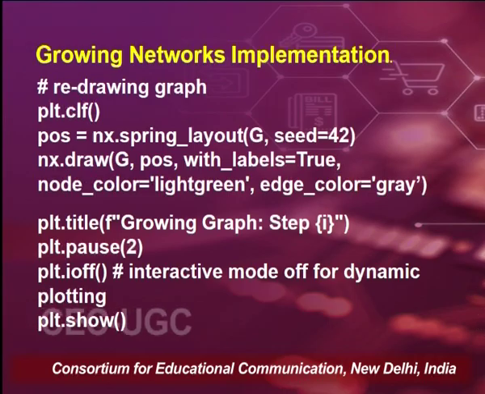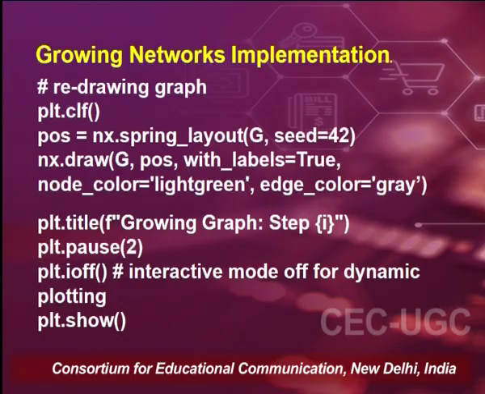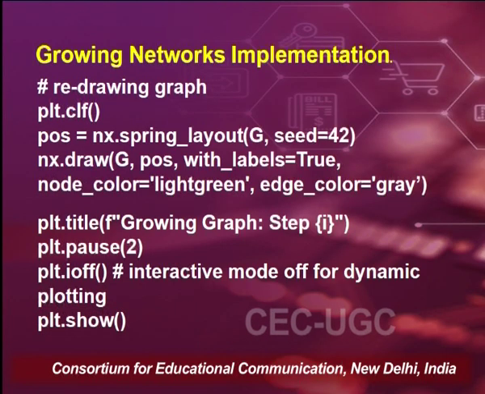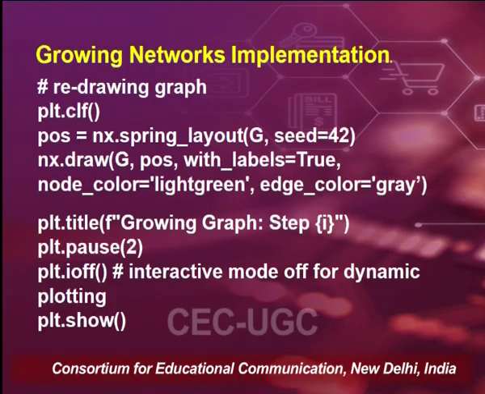For this we have the nx.draw again with labels as true, so that you can see for yourself which node number is being plotted currently, and again the node color and the edge color you can specify, with a pause of 2 time units.